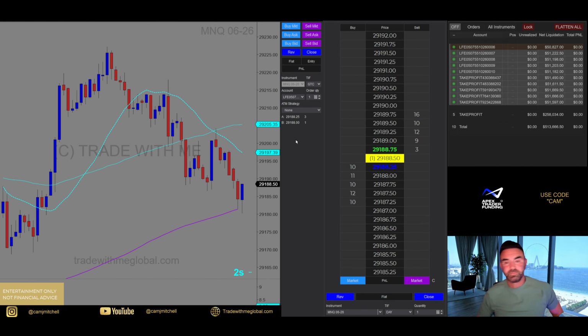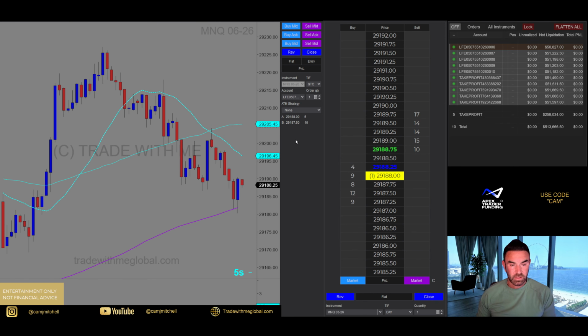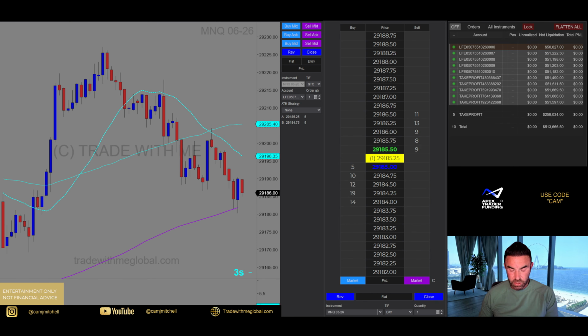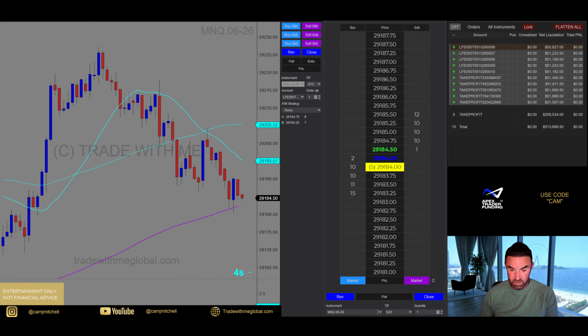You can see momentum starting to turn over. We just need one bar that comes through here, and then we've got this.